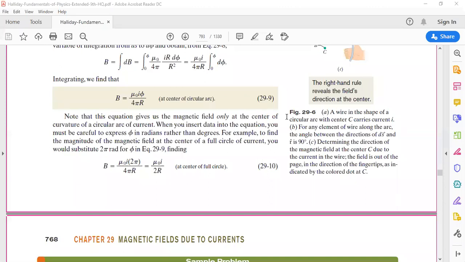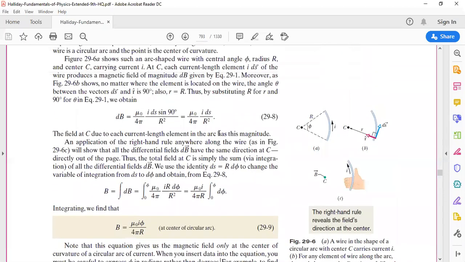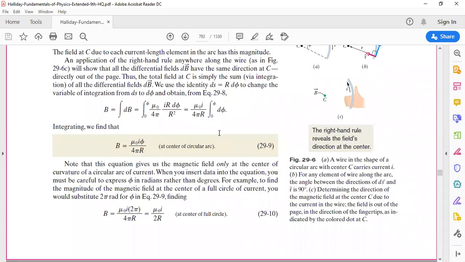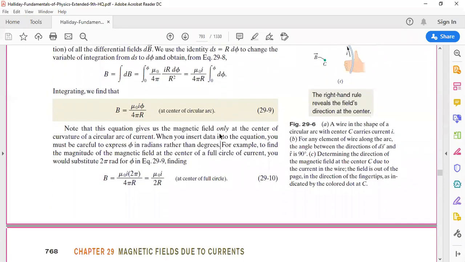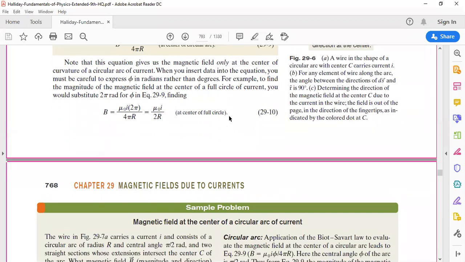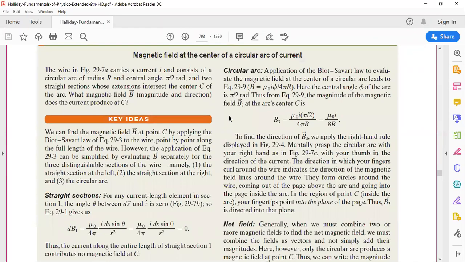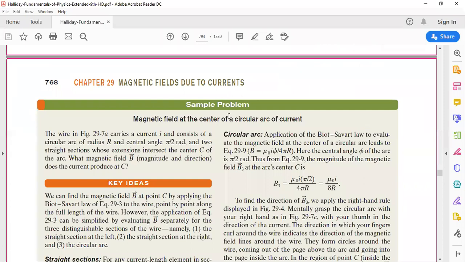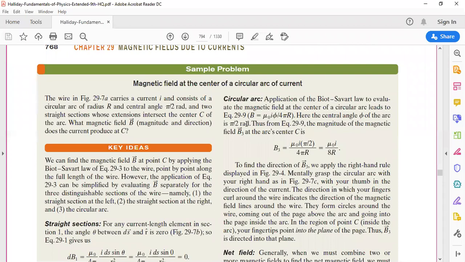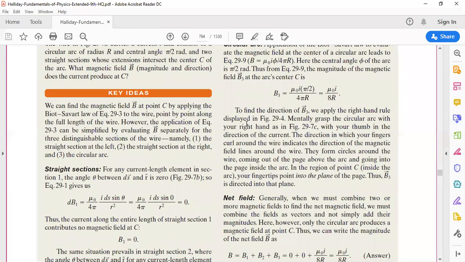Similarly, in many applications, like generating electricity or some other motors, we use the circular configuration of the wire to get a strong and uniform magnetic field at the center of the wire. Another example is given at page number 768: the magnetic field at the center of a circular arc of current.